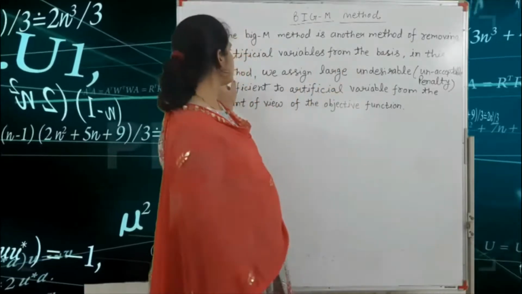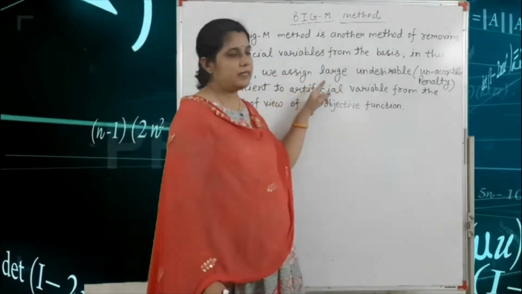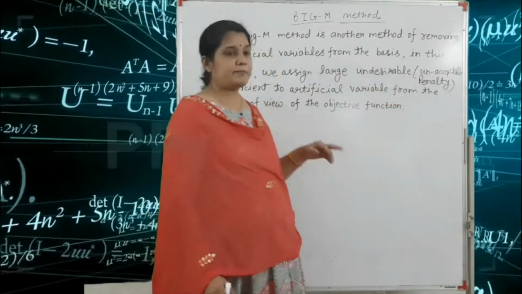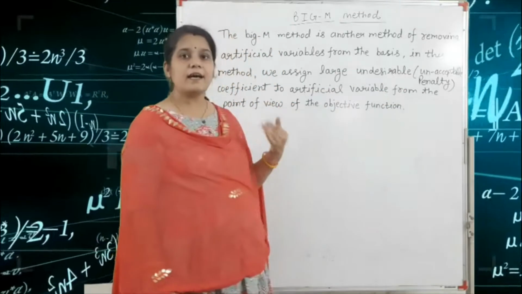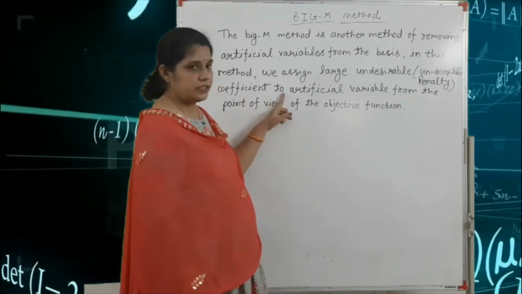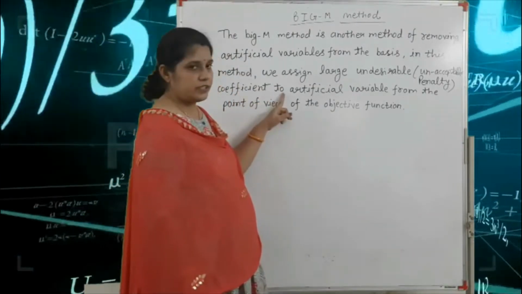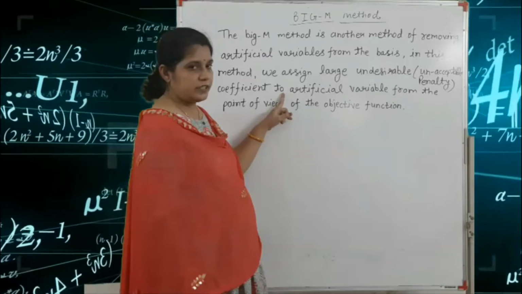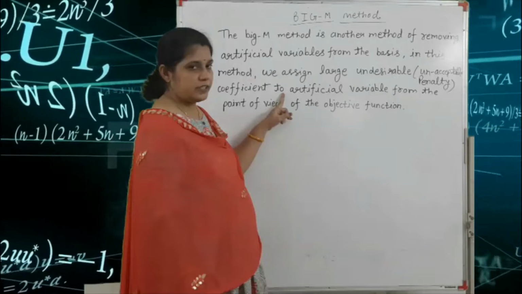In this method, we assign a large, undesirable, unacceptable penalty coefficient to the artificial variable from the point of view of the objective function. What does that mean?